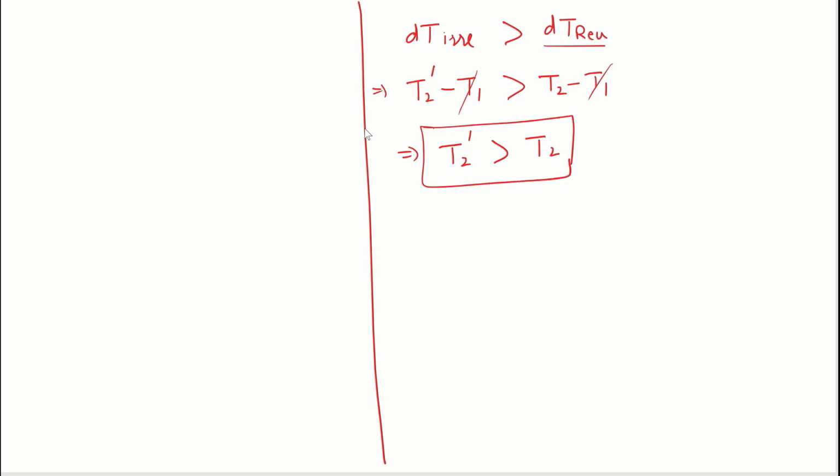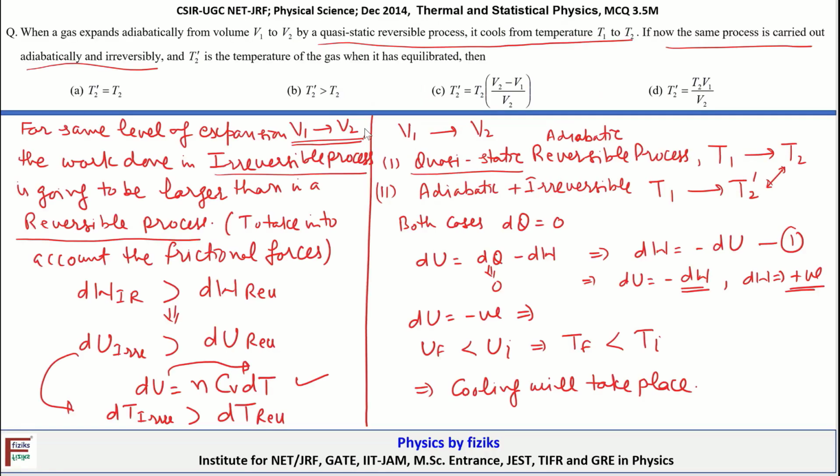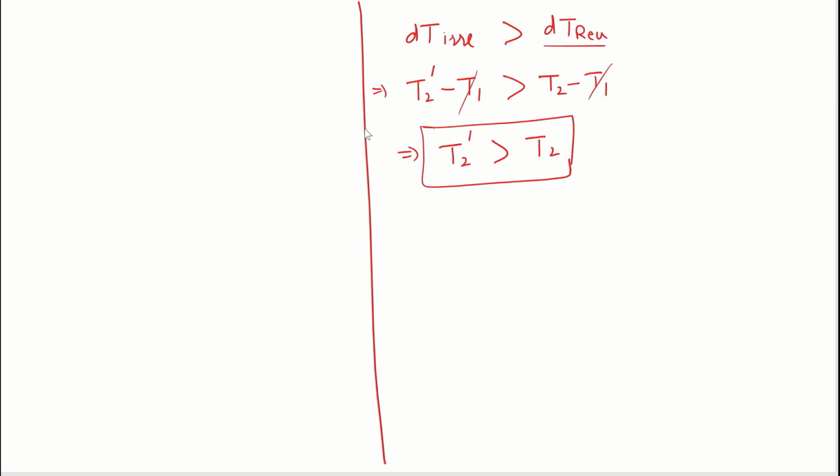Okay, so this is our final answer. Let's see which option matches, so B is the correct option here. But now let's try to understand from a physics point of view what the logic behind this is. Suppose our starting temperature was T1, say 30 degrees Celsius. Now we allowed these gases to expand in two different ways, and both follow an adiabatic process: one is reversible and the other is irreversible.